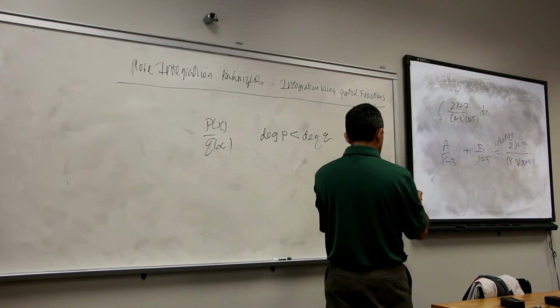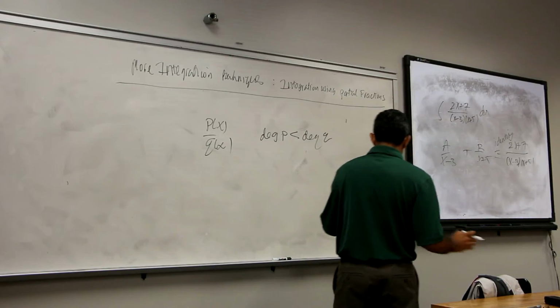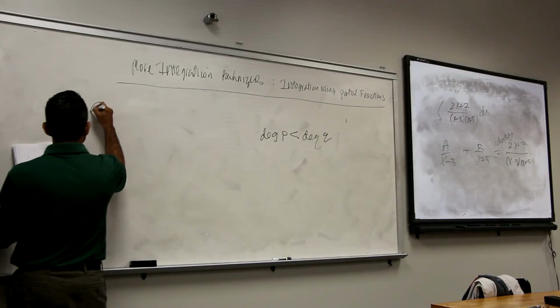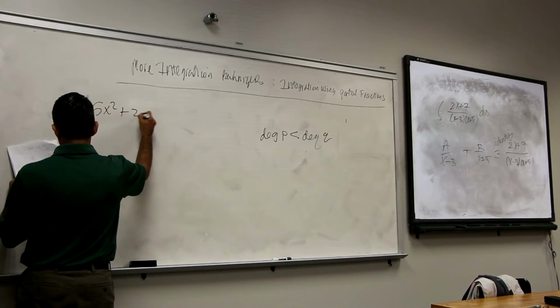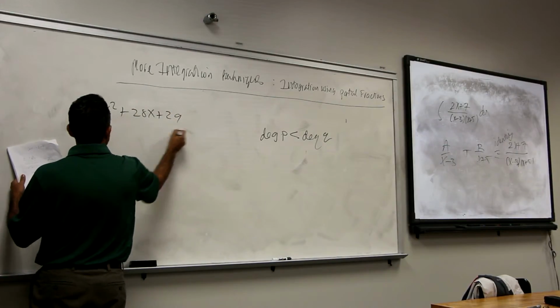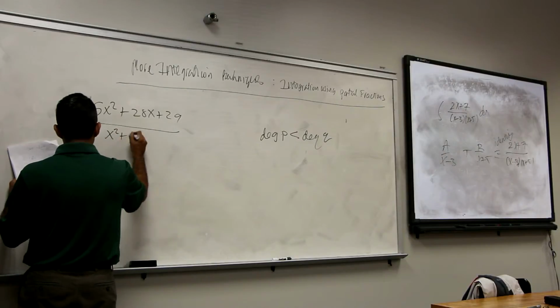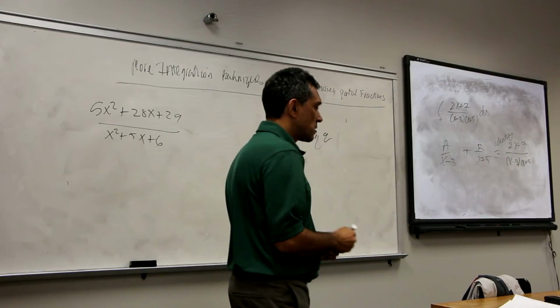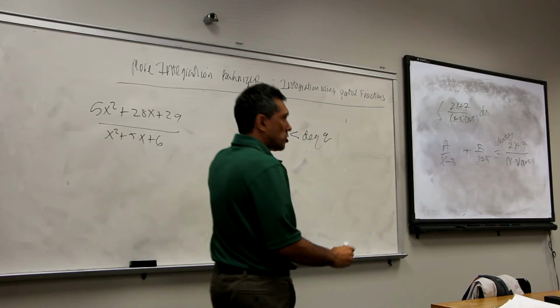So here is (5x² + 28x + 29) over (x² + 5x + 6). So what is the degree of the numerator? So this is not a restriction.